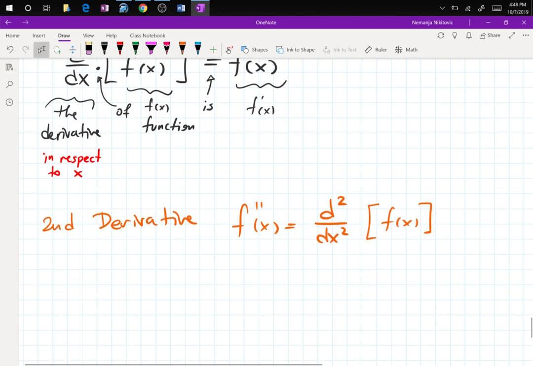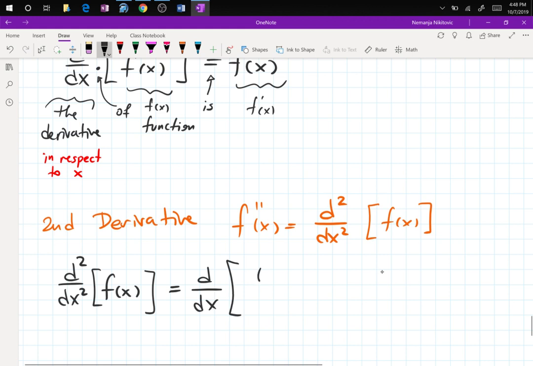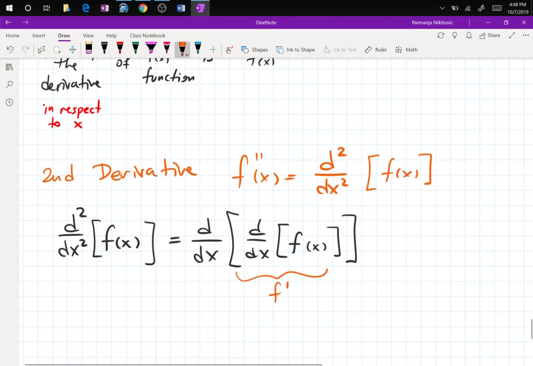And this notation makes a lot of sense, because if I have d dx of f of x, squared, to start off with, I can break this down into d dx of d dx of f of x, and now you see that the inner one gives you f prime, first derivative, and then in the second step you have this one, which is f double prime.